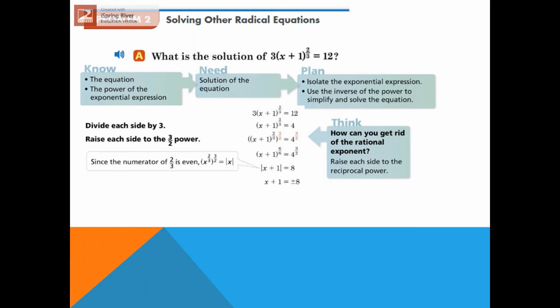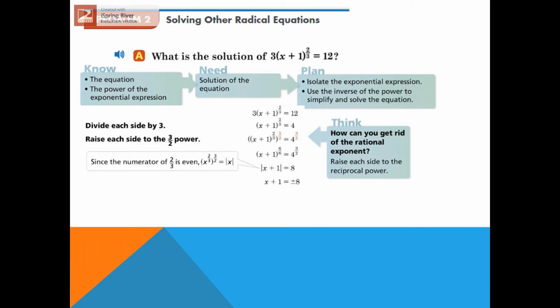Now, simplify. Since the numerator of 2 over 3 is 2, which is even, we need to put the absolute value of x plus 1. So the absolute value of x plus 1 raised to 6 over 6 is equal to 4 raised to 3 over 2. Now, what is 4 raised to 3 over 2? Since our denominator is 2, it means this is a square root.